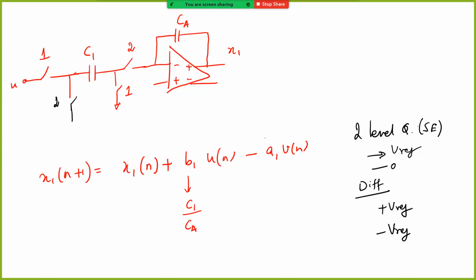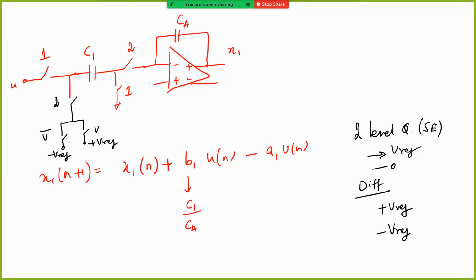That is dependent on the bit setting. So in other words, let's say this is plus VREF and this is minus VREF. This is if V is high, or if this is V bar. So this is how your DAC is basically implemented.